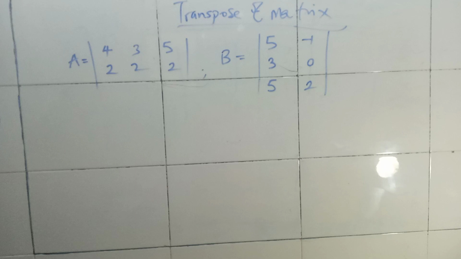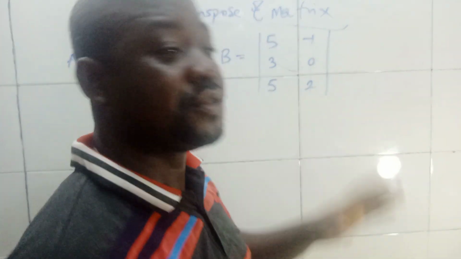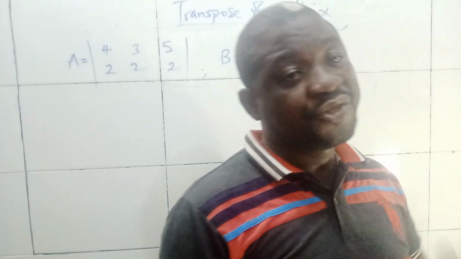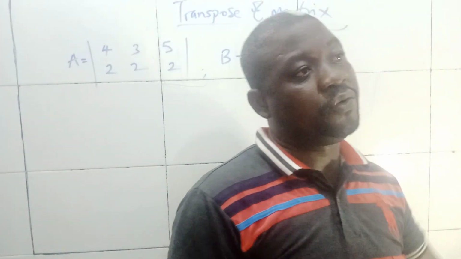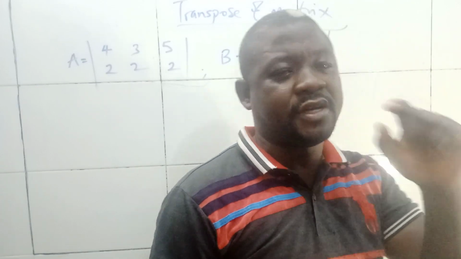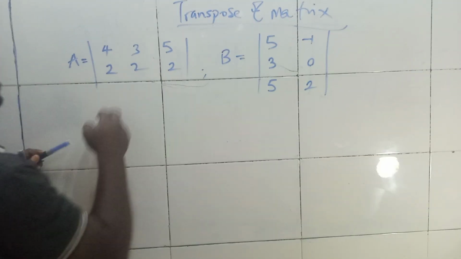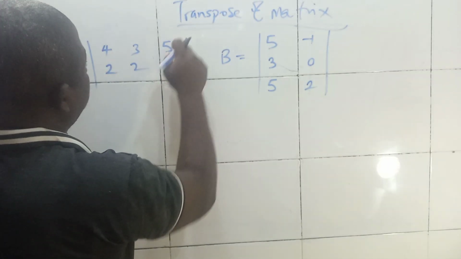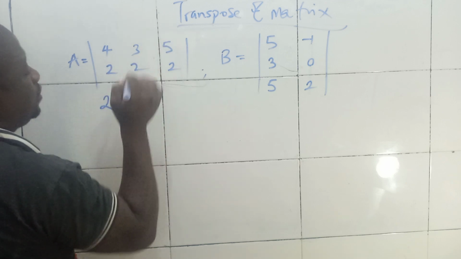If you look at it, the first thing I said is you should always check if the matrices are in order. Are they obeying that rule that says two matrices must have the same order? What is the order of this? Count 1, 2. This is 2 rows by how many columns? 3.